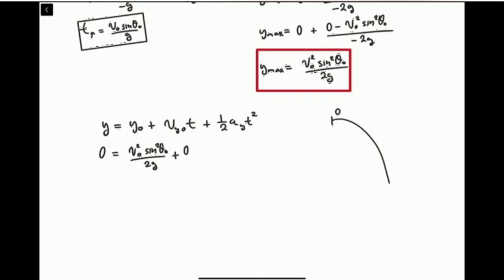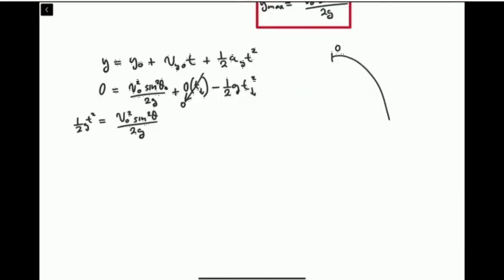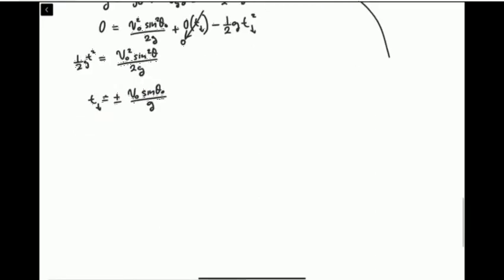So we have 0 times the time to go down. Well, that goes to 0. We know that the g is going to be negative. So that's 1/2 that of g, the time to go down, squared. So solving for t, we get t squared equals plus or minus the initial velocity sine theta naught over g, and this is the time to go down. We choose time to be positive because we cannot have negative time, and that's the time to go down.